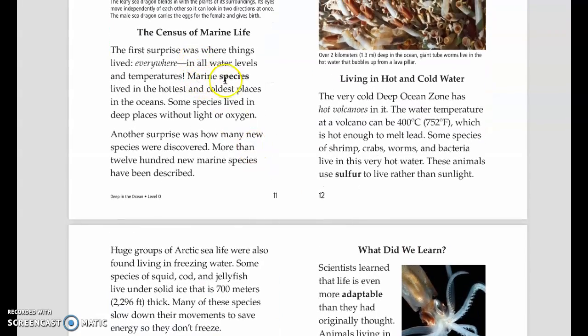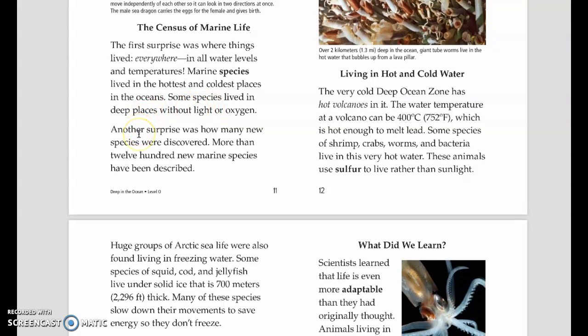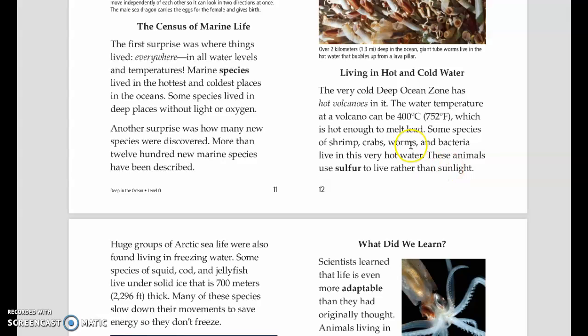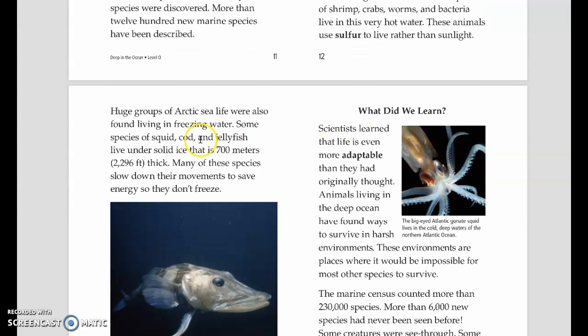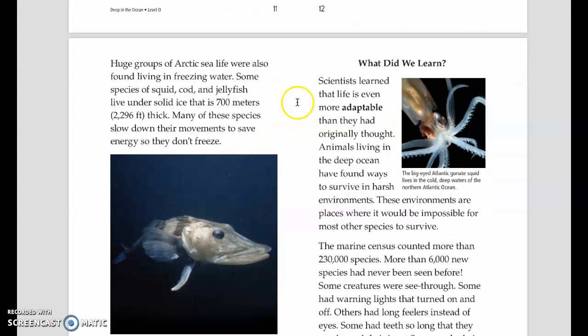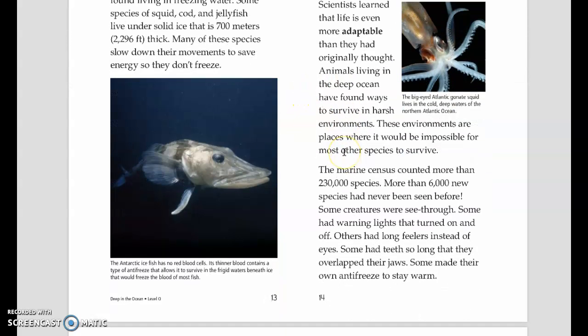So it talks about marine species, which is like marine animals or living organisms. That's not really about the life of an oceanographer. Huge Arctic sea life, freezing water. Scientists learn that life is adaptable.